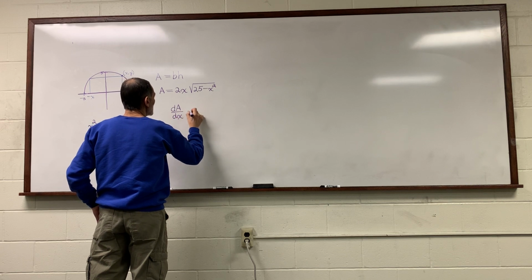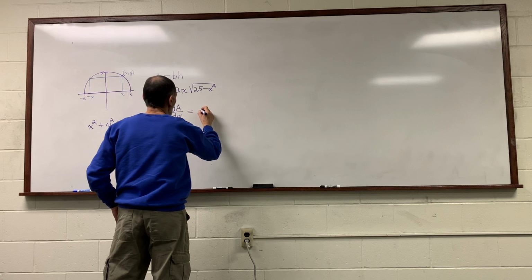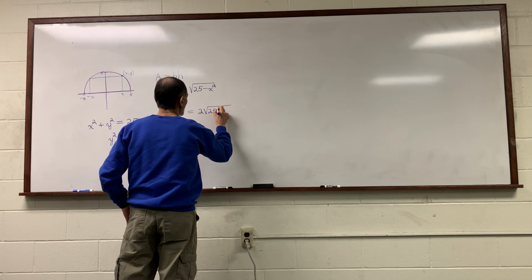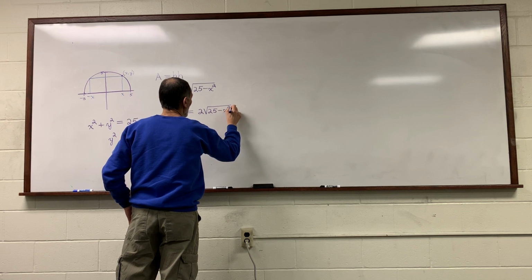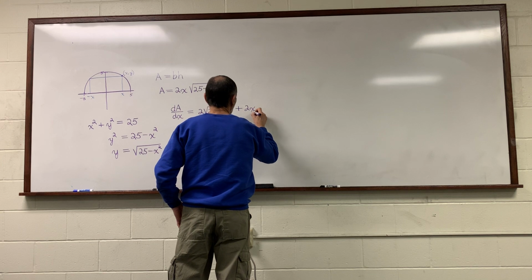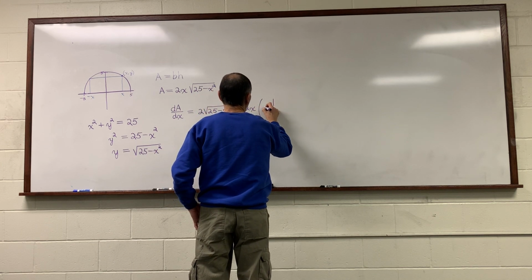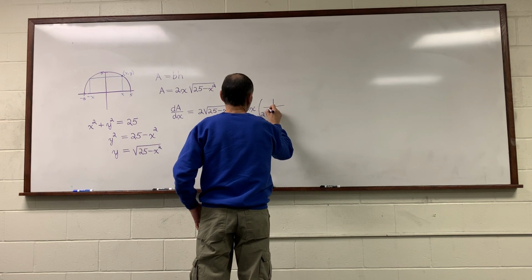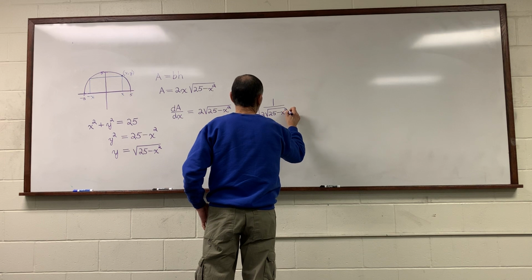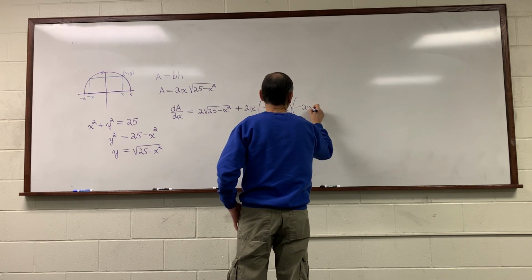dA/dx equals, we have a product rule with, of course, a chain rule. 2 times the square root of 25 minus x squared plus 2x times 1 over 2 times the square root of 25 minus x squared times negative 2x.